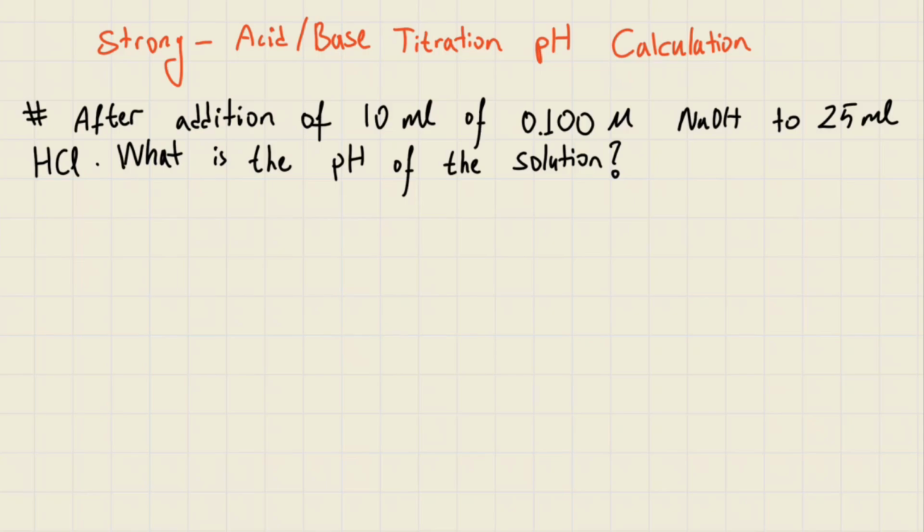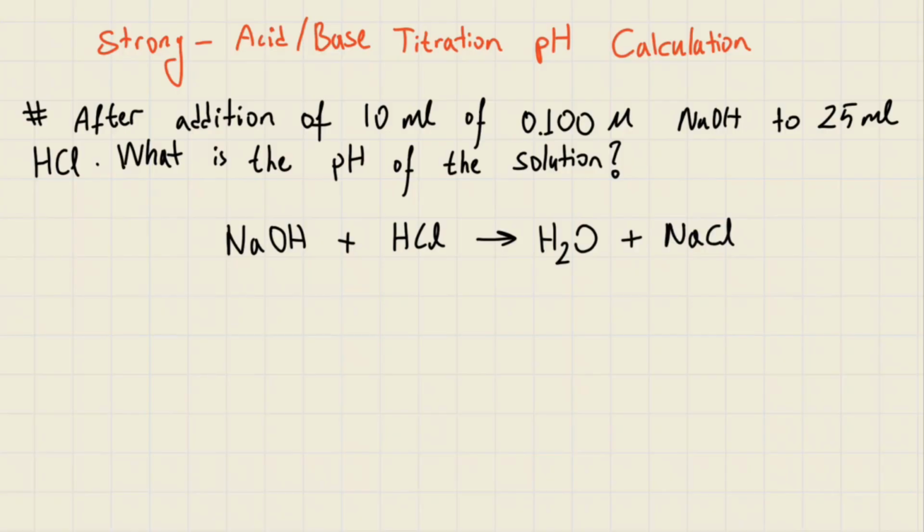There is a neutralization reaction, so we have to consider this reaction first. We have a neutralization reaction between the sodium hydroxide and the HCl. So we will form water, definitely, and we will form sodium chloride.